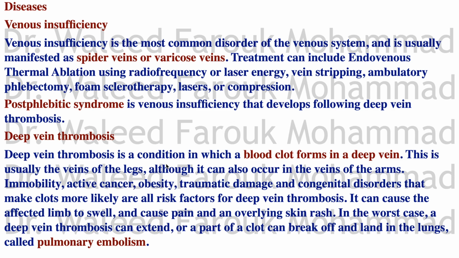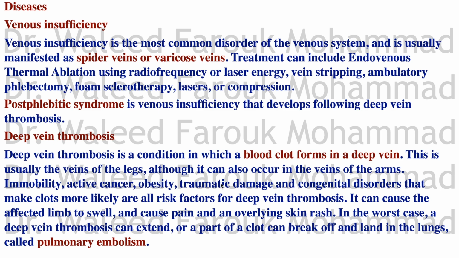Postphlebitic syndrome is venous insufficiency that develops following deep venous thrombosis. Deep venous thrombosis, or DVT, is a condition in which a blood clot forms in a deep vein, usually the veins of the leg, and I showed you before a picture of a leg affected by DVT. Immobility, active cancers, obesity, traumatic damage, and congenital disorders that make clots more likely are risk factors for developing DVT.